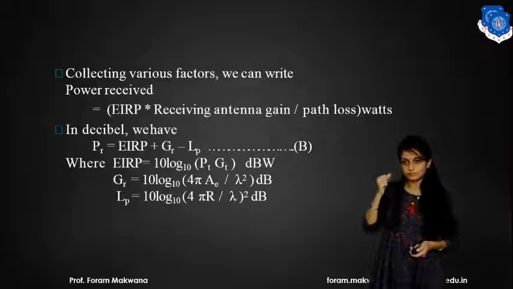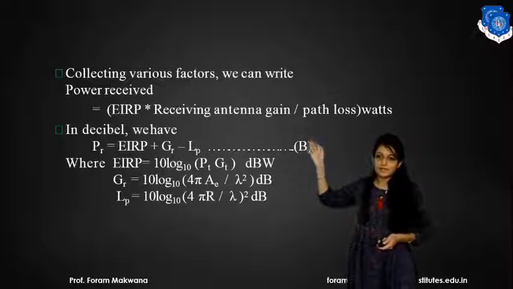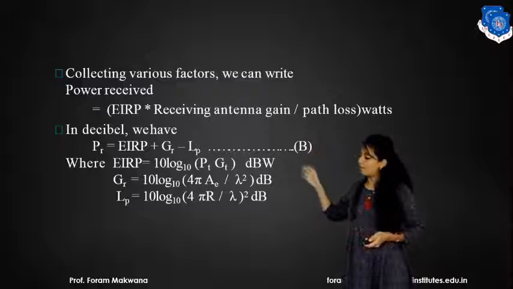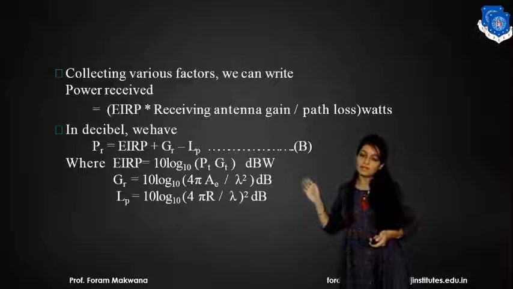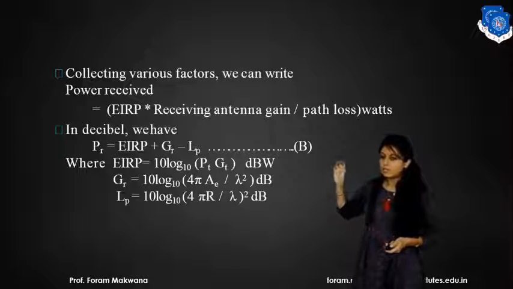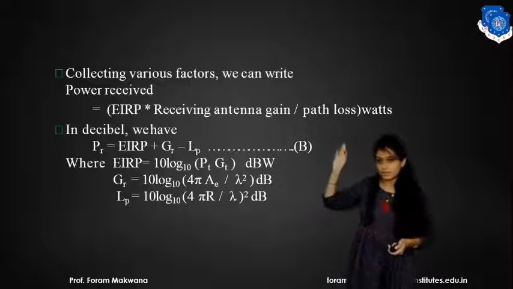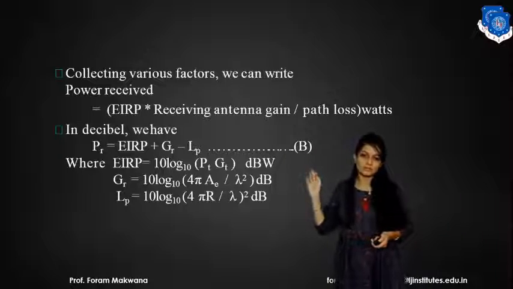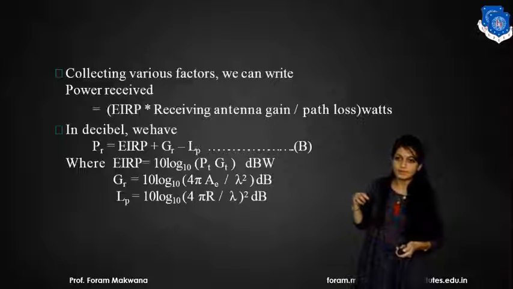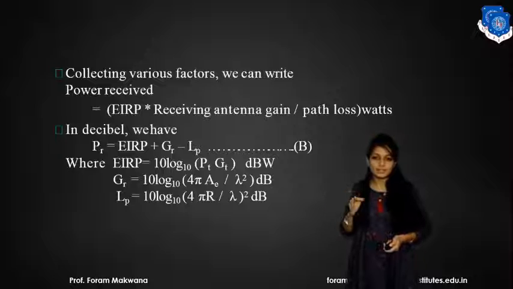Now, by collecting the various factors, we can write the power received by the antenna as the EIRP multiplied by the receiving antenna gain divided by path loss. In decibels, what is EIRP? It is the product of PT and GT.